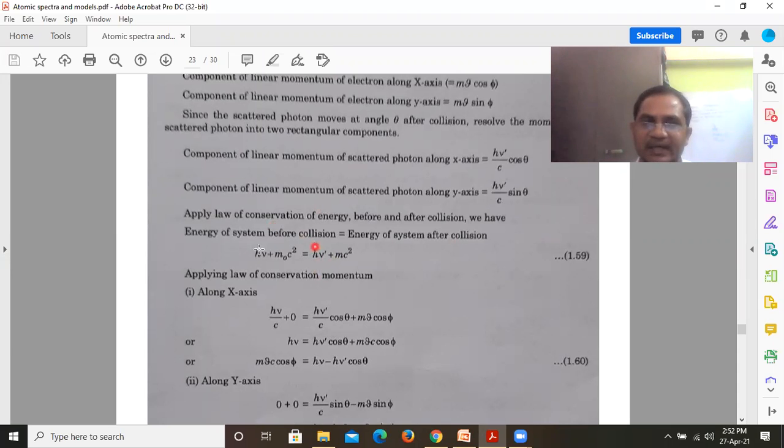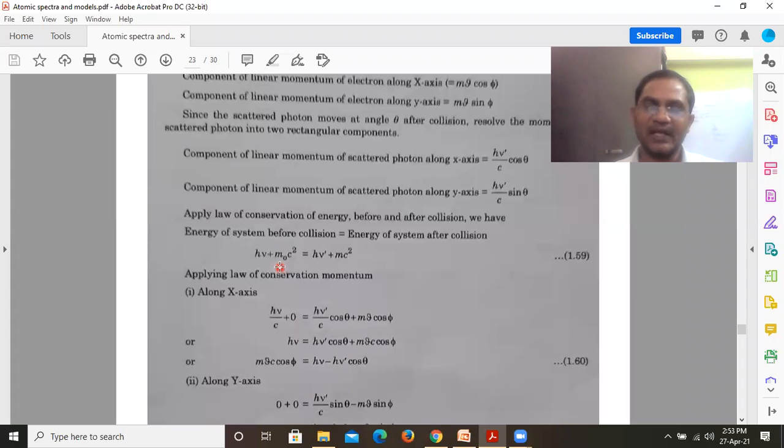Before the collision, the two particles are the photon and the free electron at rest. Photon energy is h nu, and the rest mass energy of the electron is m naught c square.